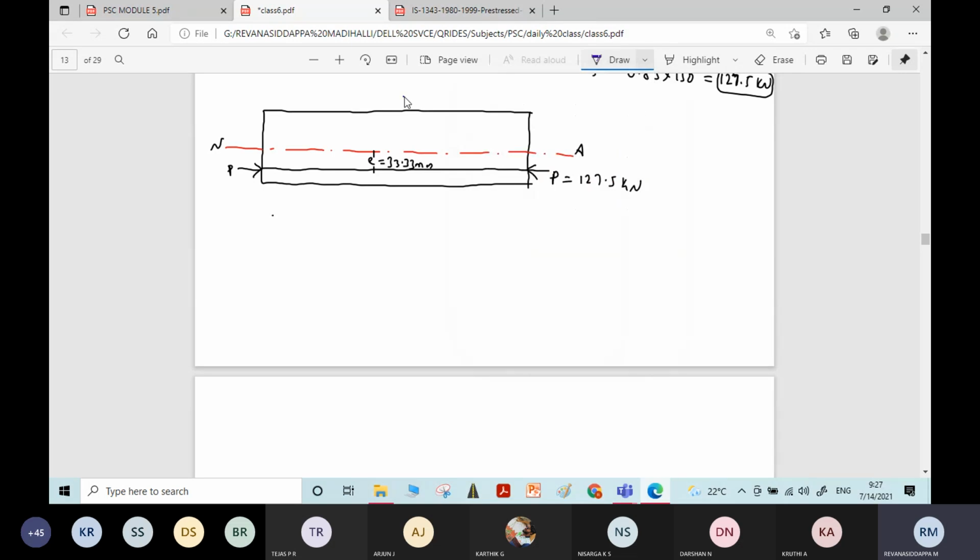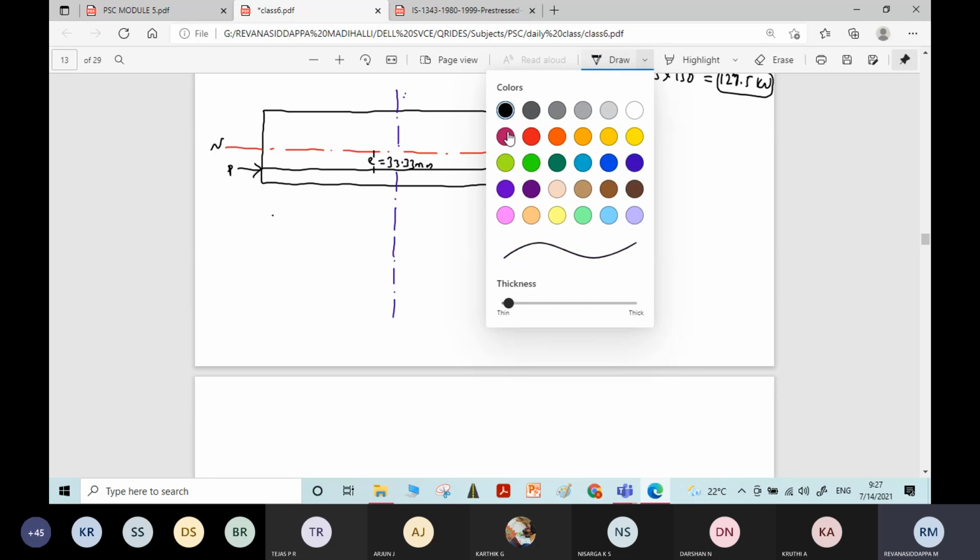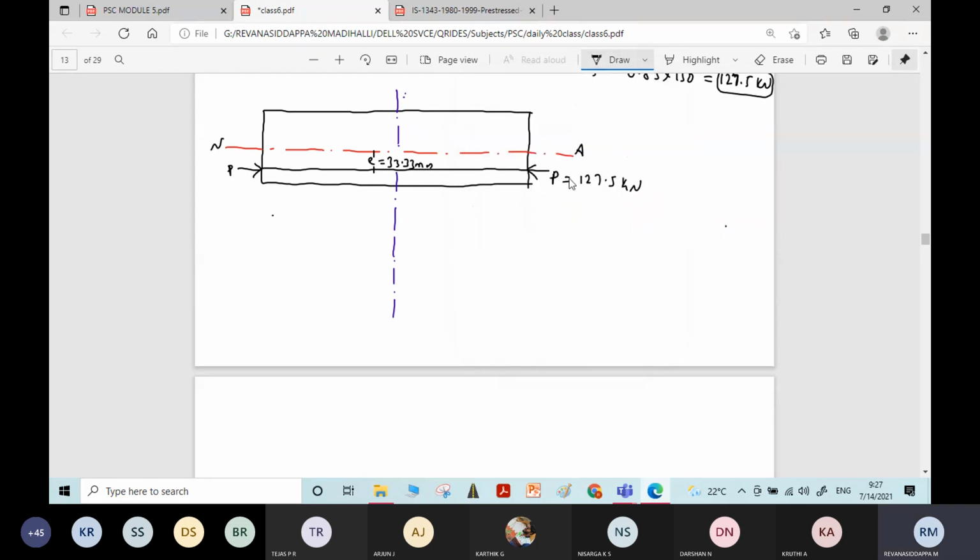You will write the loading condition. Deflection is equal to area into. Yeah, correct. Before that, you write the BMD. Okay, nature of BMD for a beam carrying pre-stressing force through the straight cable.